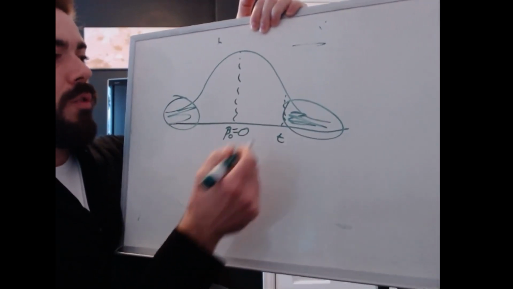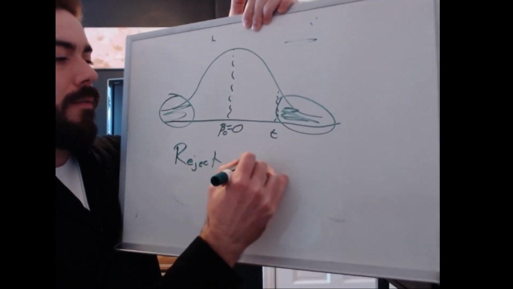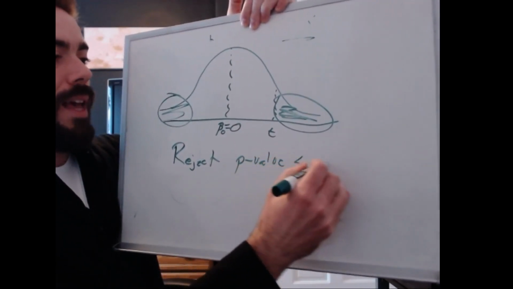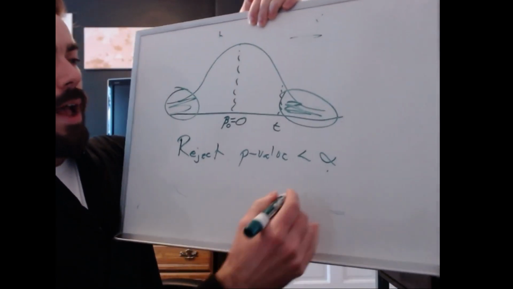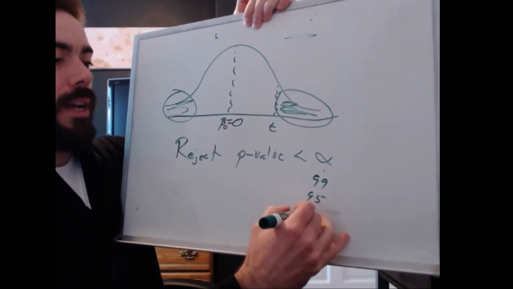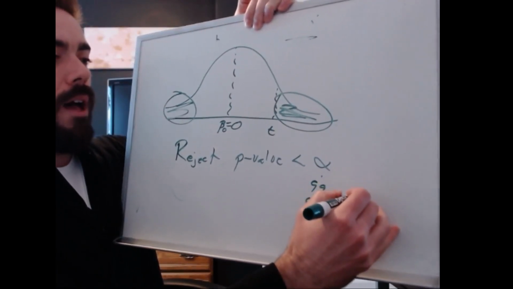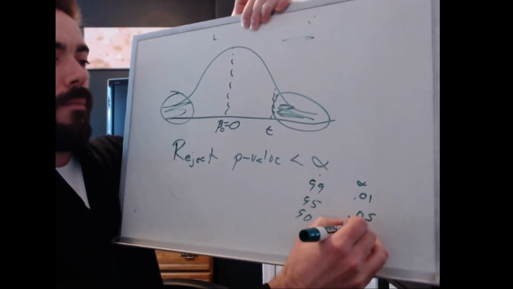Okay? So the only way we can reject that null is if our p-value is less than the alpha for whatever confidence level we want to say this at. So our alphas for the 99, 95, and 90% confidence levels are 0.01, 0.05, and 0.1.